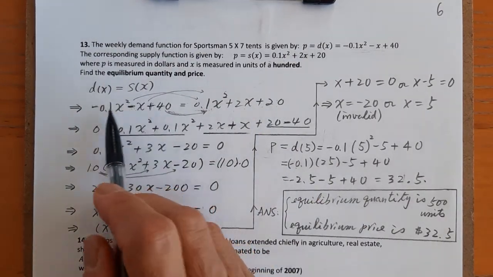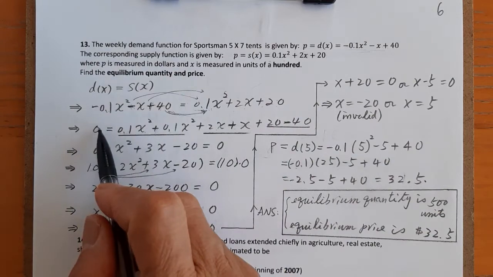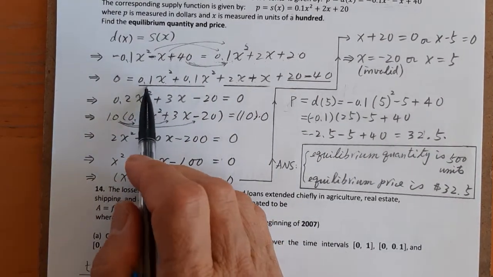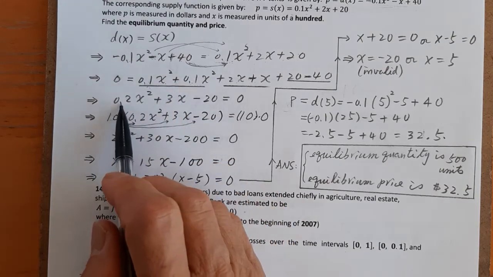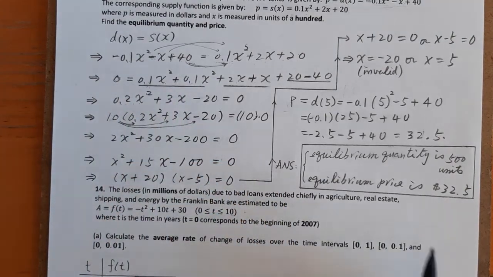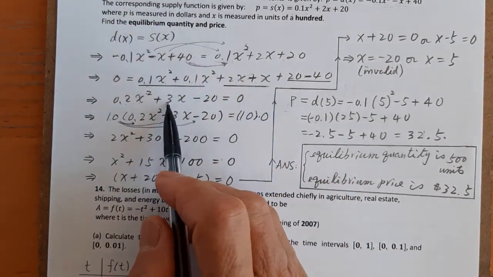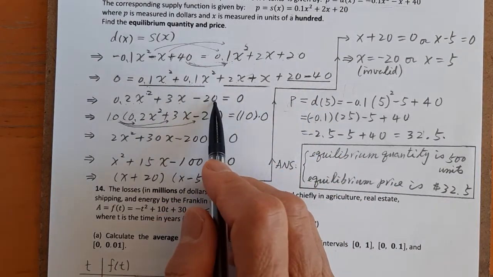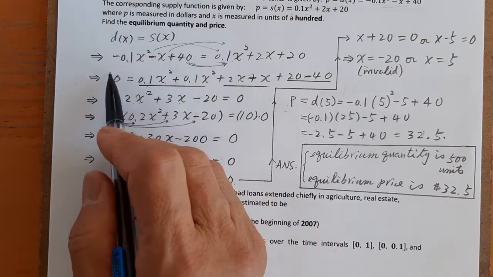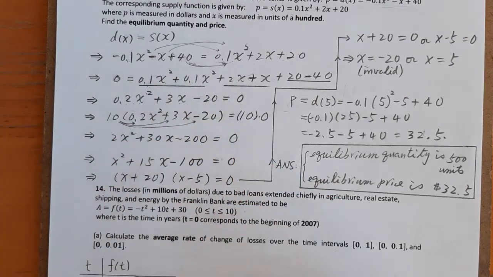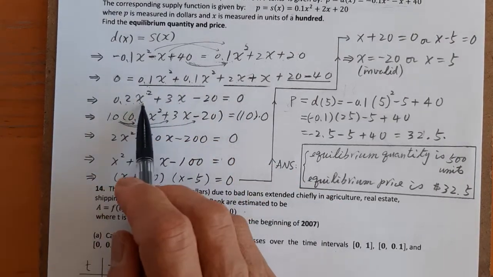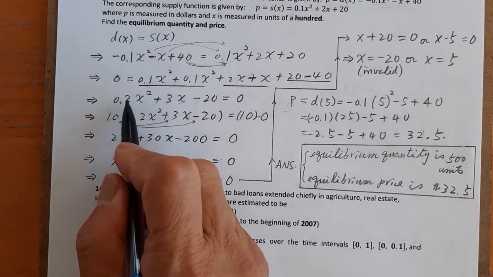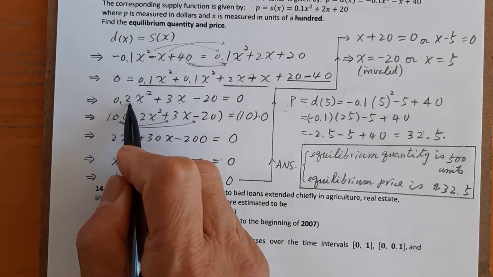Since the terms moved to the right, the left side is 0. Then combine like terms: 0.1 plus 0.1 is 0.2 x squared, and 2x plus x is 3x. 20 minus 40 is negative 20, equals 0. Then we want to make these integers, so move the decimal point to the right one position.